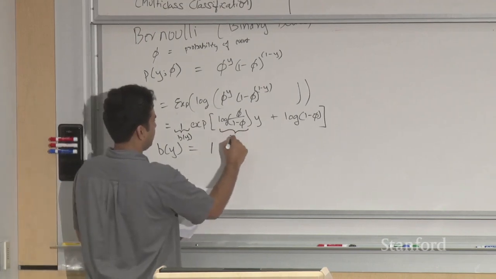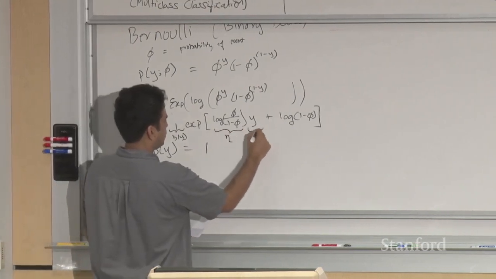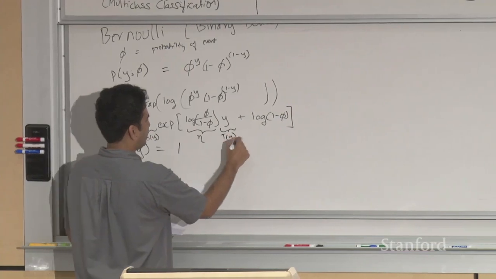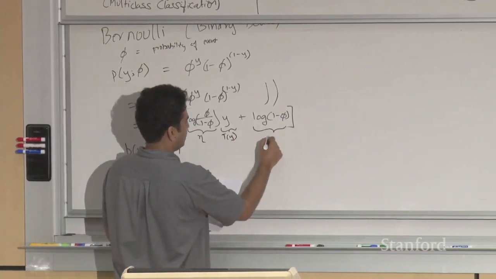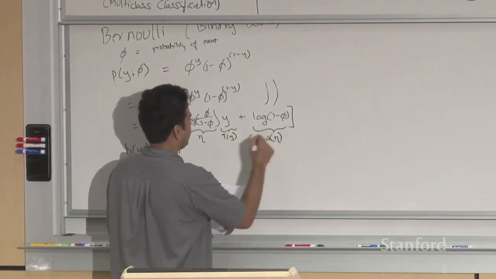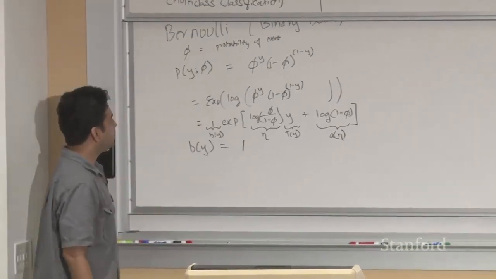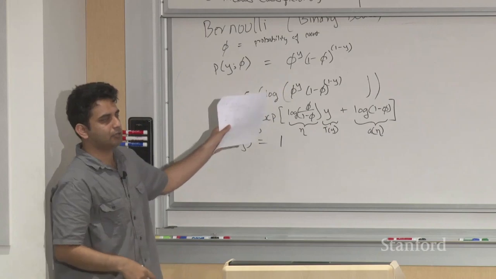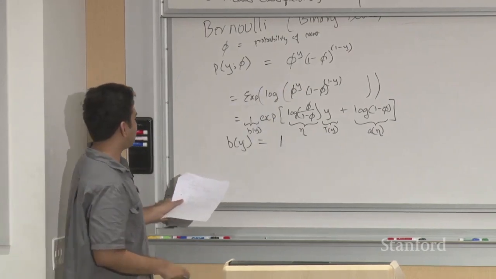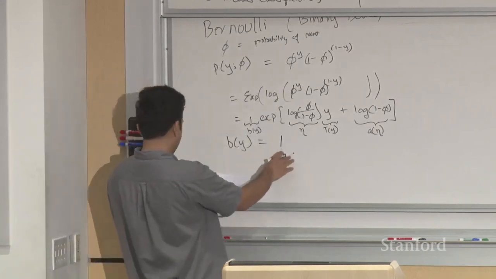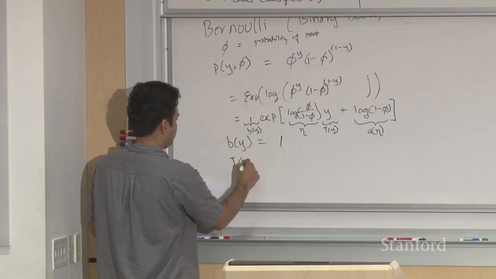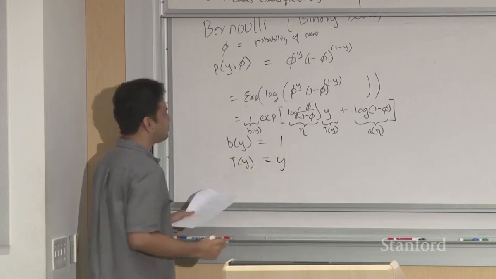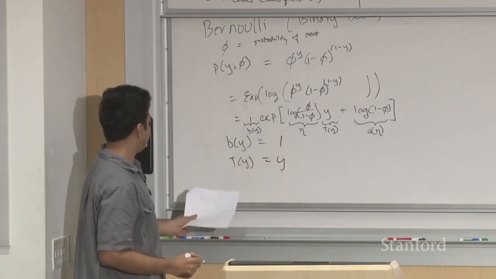This would be eta, this would be T of y, and this would be A of eta. You can see that they match in pattern. So b of y would be 1. T of y is just y, as expected.